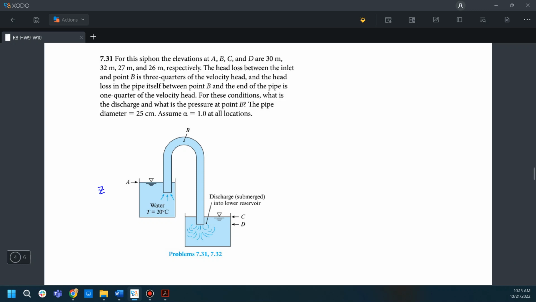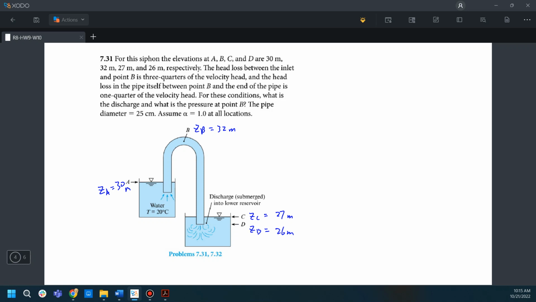ZA is equal to 30, ZB is equal to 32, ZC is equal to 27 meters, and ZD is equal to 26 meters, respectively.